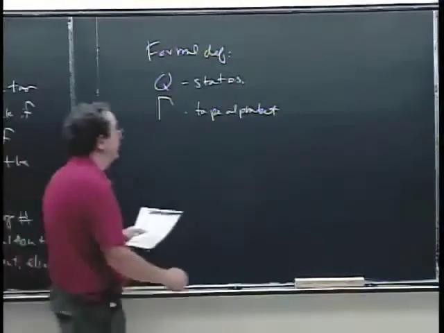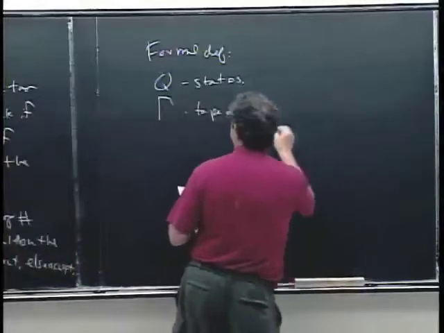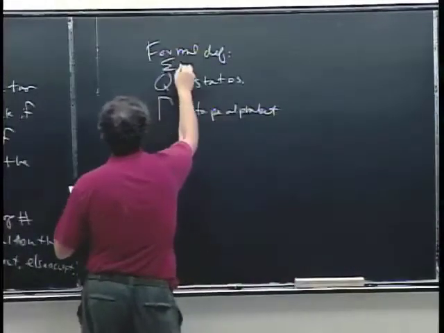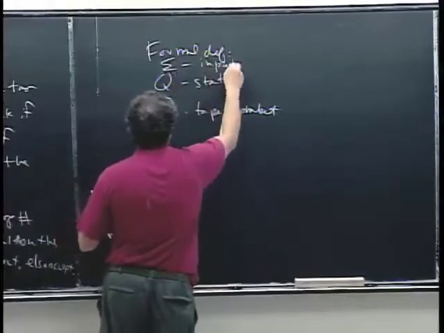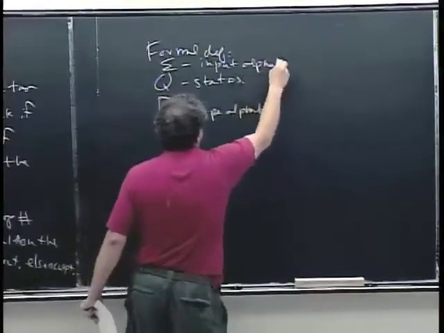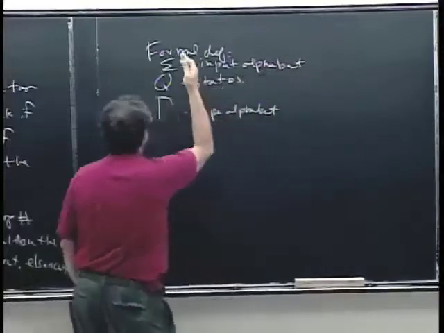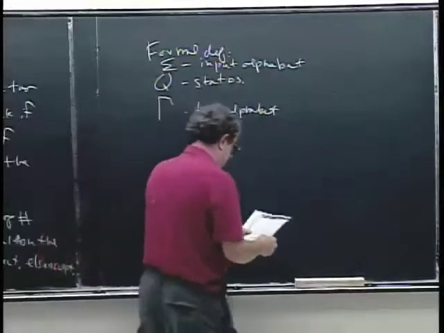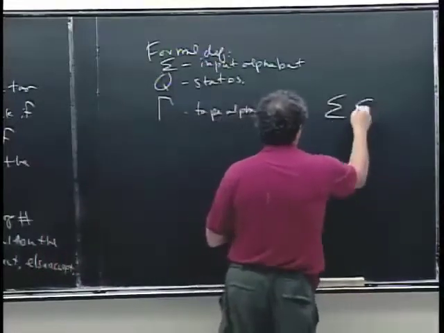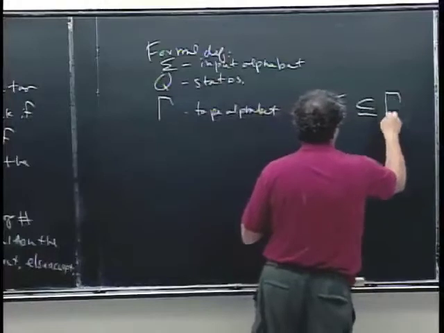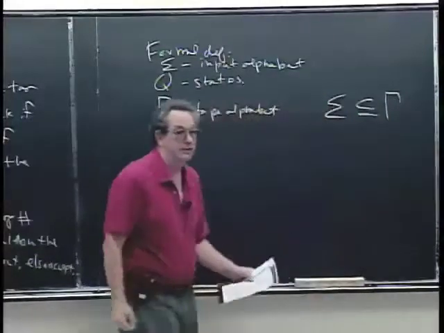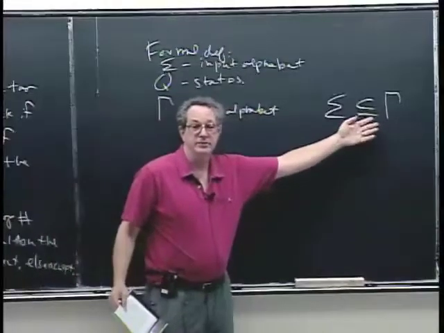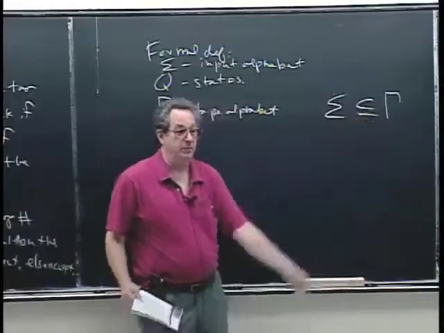The tape alphabet is actually, well, I guess this should have come earlier, the input alphabet. So the input is written over some alphabet, and the tape alphabet is not necessarily the same, but it of course has to contain the input alphabet because the input is on the tape. So the tape alphabet can be richer. It can have symbols that are not in the input alphabet, and we've seen that.